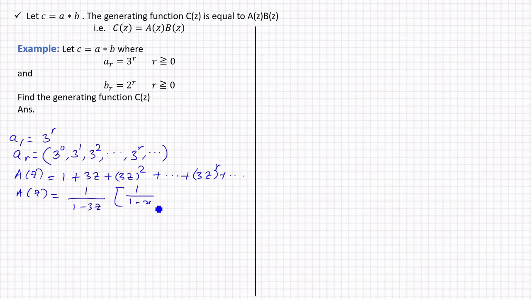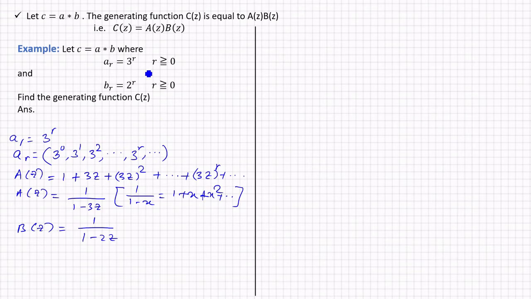This is the standard formula. Similarly, we have B(z) equal to 1 divided by 1 minus 2z.